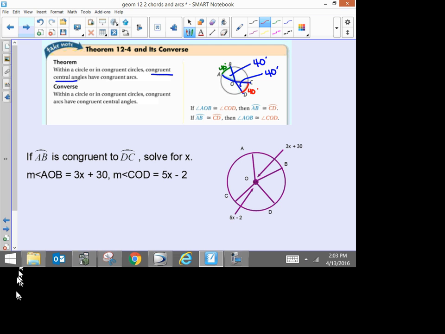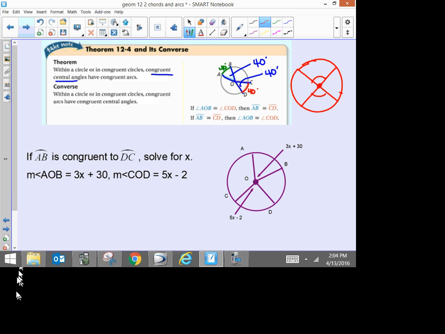It seems like a no-brainer, but the problem is you're not always going to have the numbers to make it make sense. If you say these are in a circle, let's say you have a diameter there. I've got to go through the center. There's my center. These angles are congruent, right?